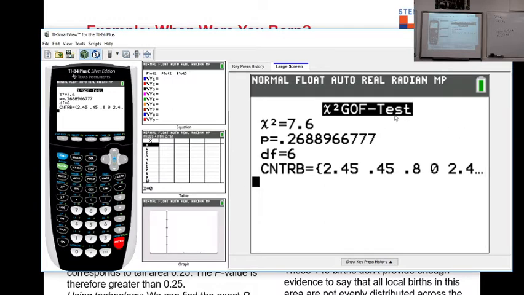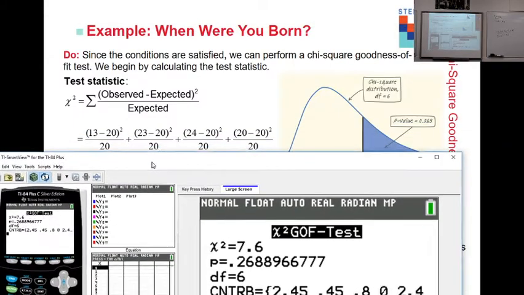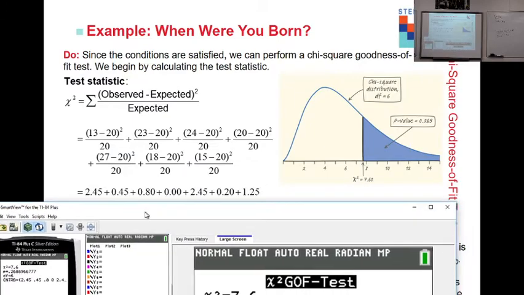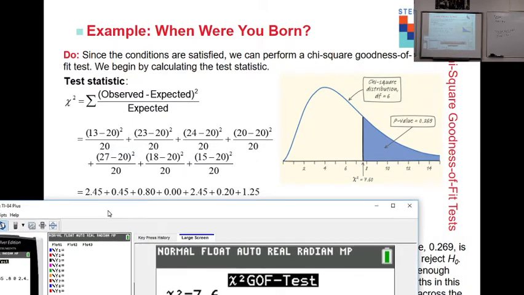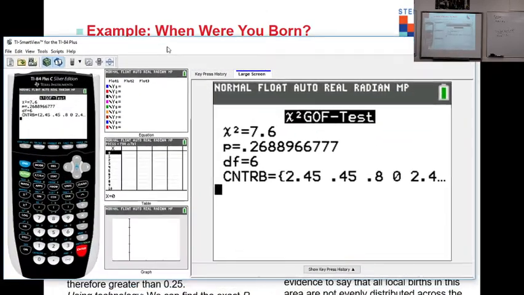Here's the chi-square statistic. Here's the p-value. And these down here are all of the individual chi-square values. So remember that the chi-square is the sum of 7 different pieces. Here's what those 7 different pieces were. It gives you the 2.45 and the 0.45 and the 0.8 and all of these for you.